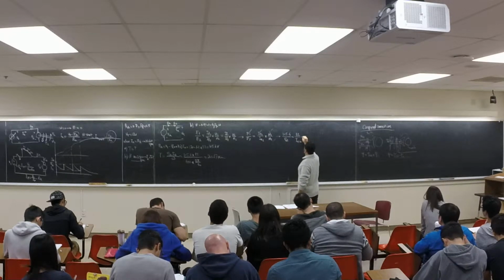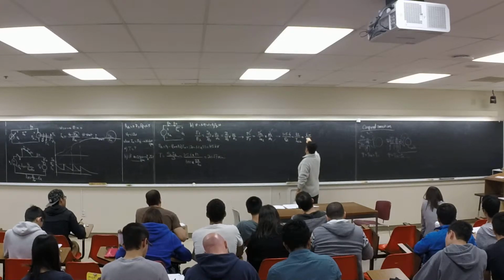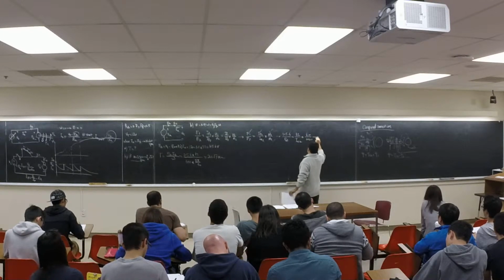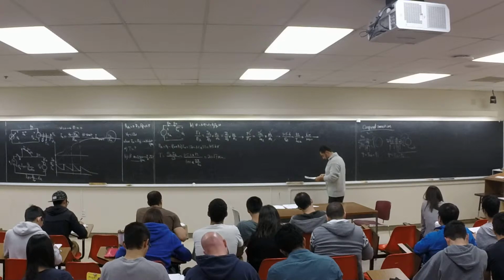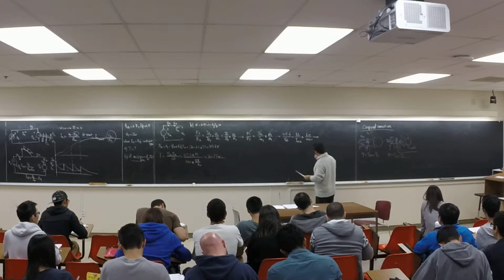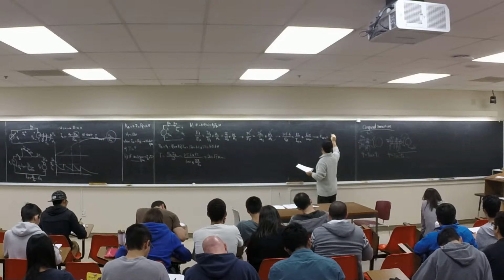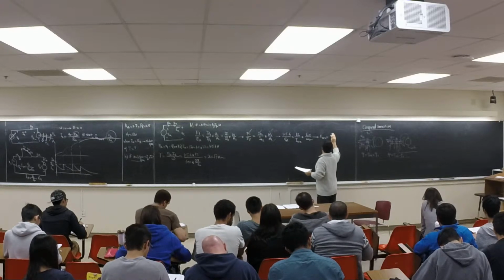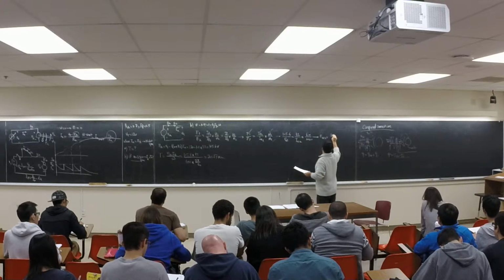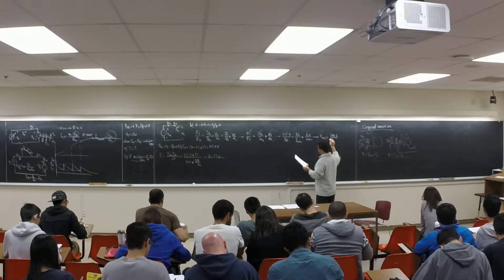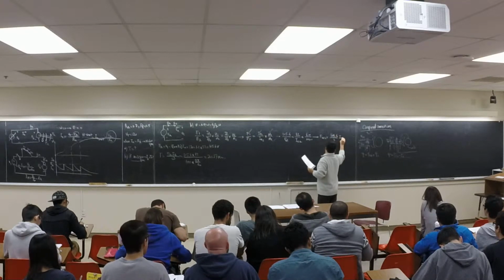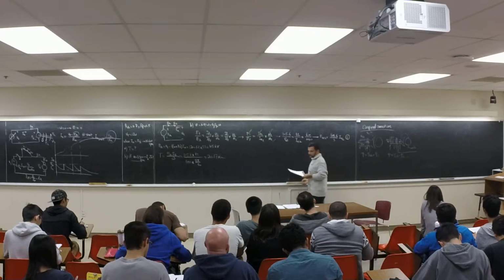IA2 times 600 over 2400. So if you solve this one, EA2 is going to be 105.6 over 3IA. One equation, right?